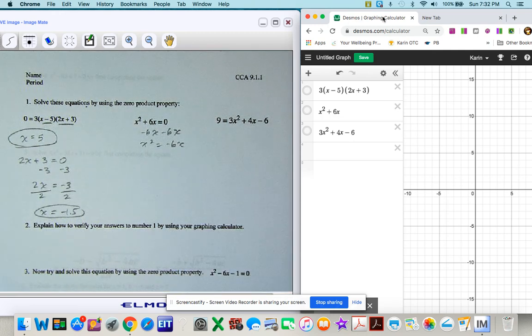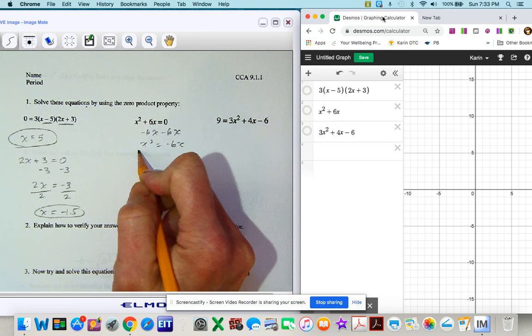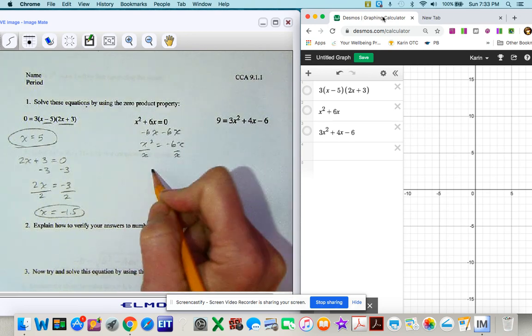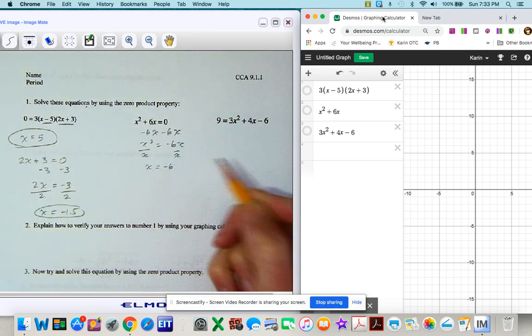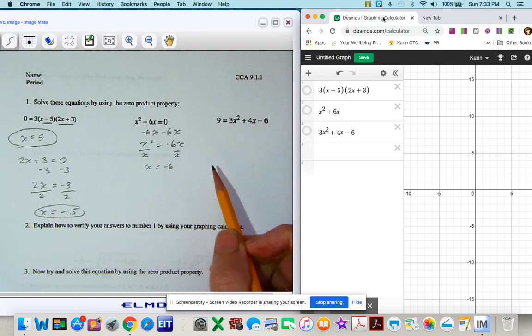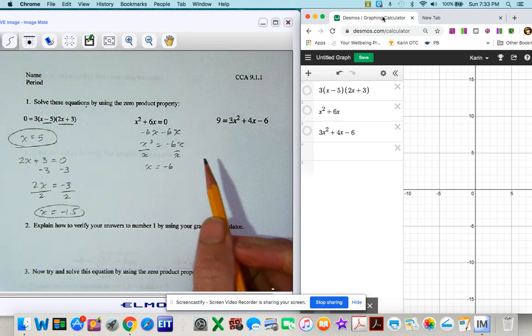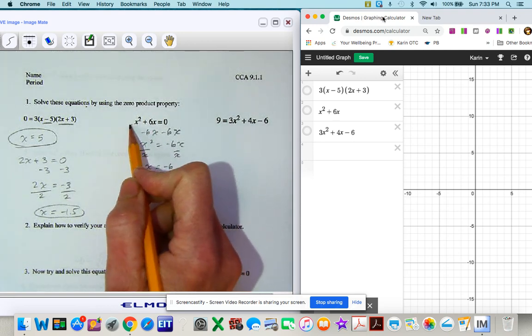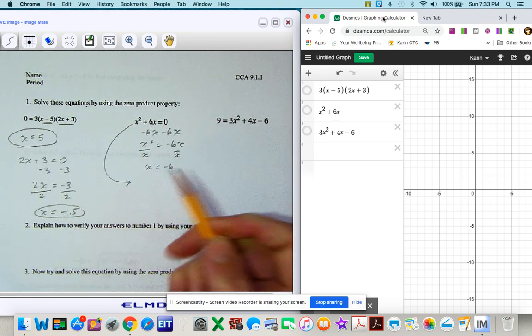I could keep going and divide both sides by x and get x is equal to negative 6, which would give me one solution. But if you're short-sighted and do it that way when you solve a quadratic, you're probably going to lose a solution. So let's look at if I were to factor this.